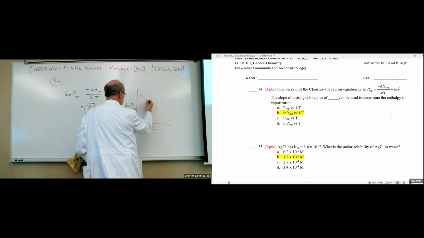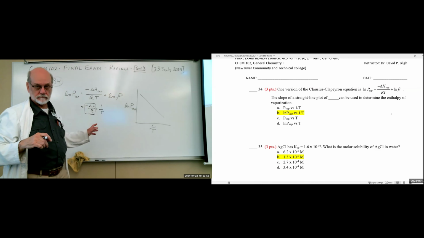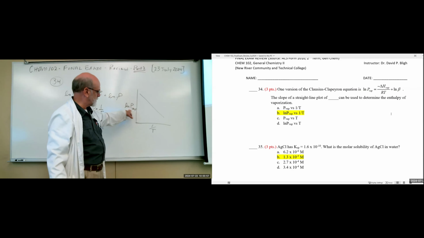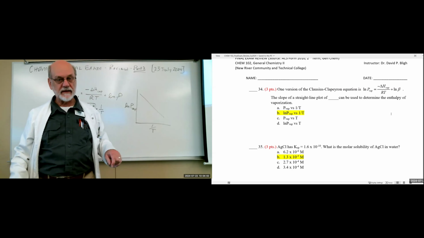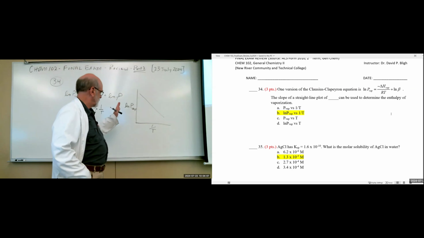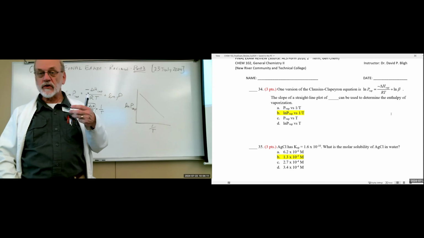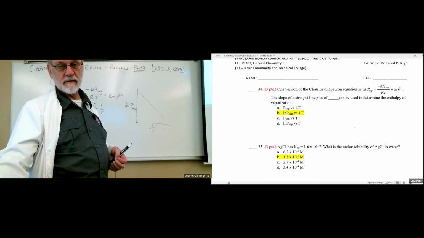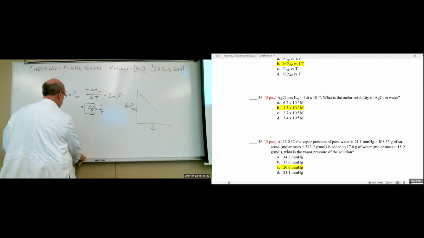It's going to be a negative value. So we can use a plot of the natural log of vapor pressure against inverse of temperature. The slope of the straight line plot of that versus that will allow you to calculate the enthalpy of vaporization for this process.